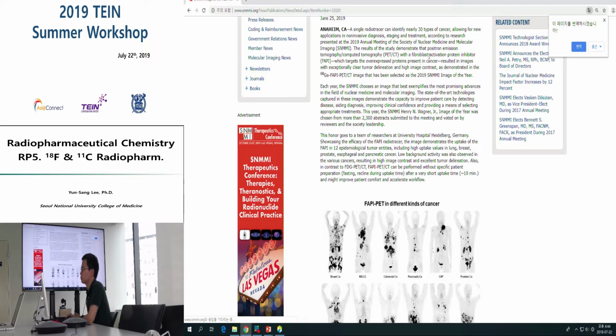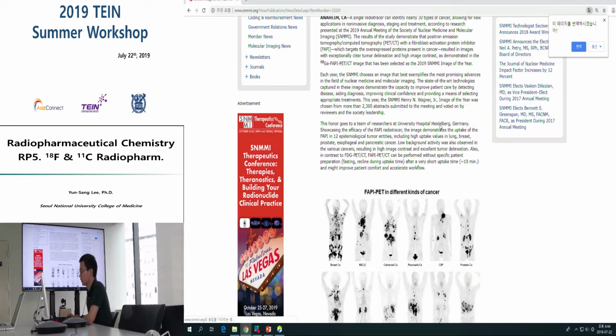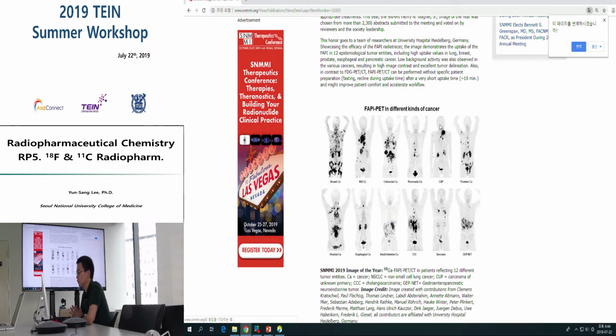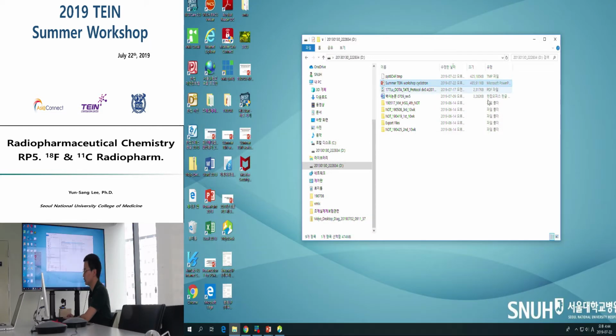It is a fibroblast activation protein inhibitor targeting agent, and it is labeled with gallium-68. I was thinking of introducing it last lecture with the generator produced radionuclides, but now I'm just showing it. I think this might be a big new agent that might be used in the near future, and everyone might have quite an interest.